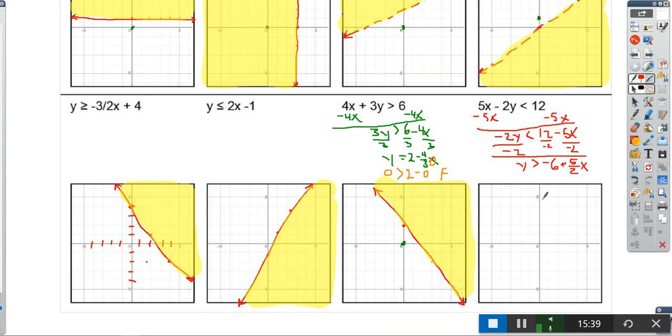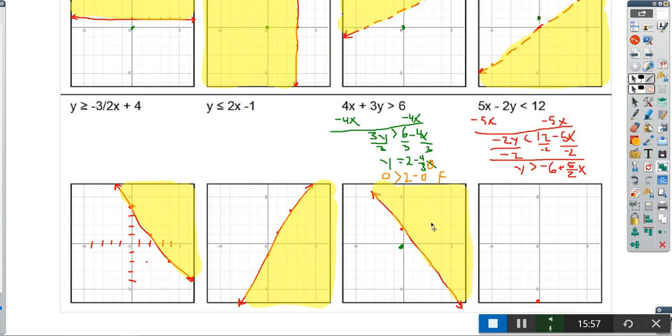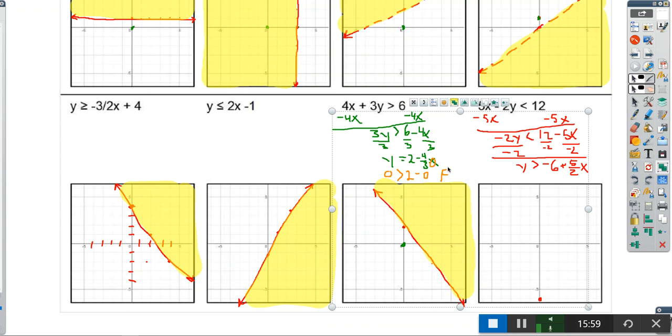All right, so my y-intercept is 6, negative 6. Oh, geez. I need to get back to that one. What did I forget in this problem? You probably noticed, but I totally forgot to worry about the sign, didn't I?